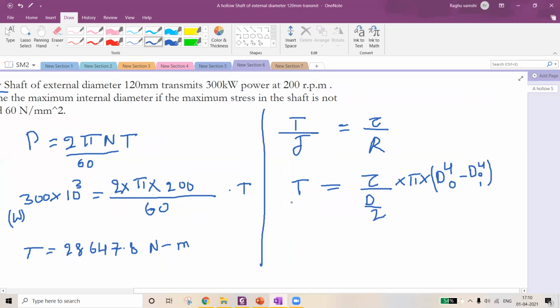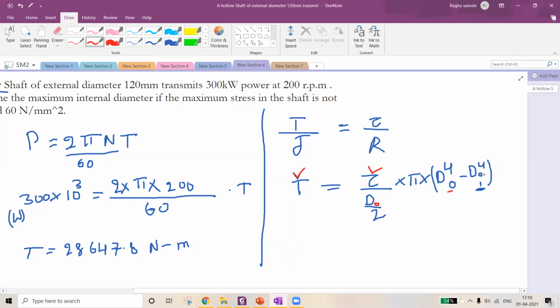In this equation, we have only one unknown, that is D internal. We have torque T, we have shear stress tau, and we have D outer.